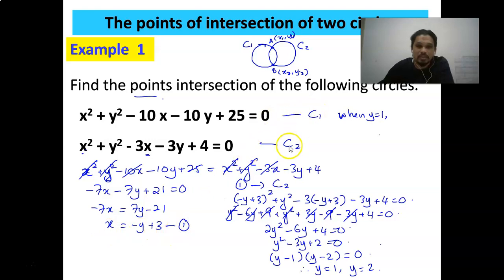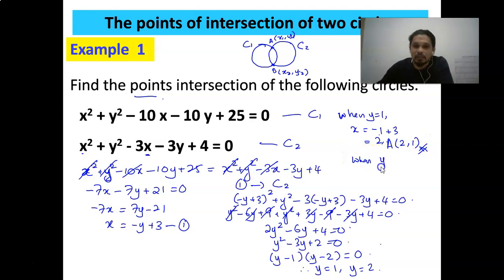This is circle 1, circle 2, and equation 1 here. Then x equals negative y plus 3, with y equal to 1, that is equal to 2. So the coordinate here is 2 and 1. According to my picture here, this is the coordinate we call A.